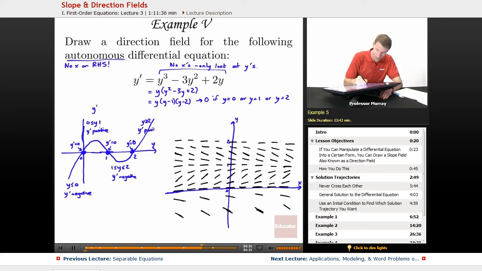So over here on the y versus x axes, I'm going to put some positive slopes here.